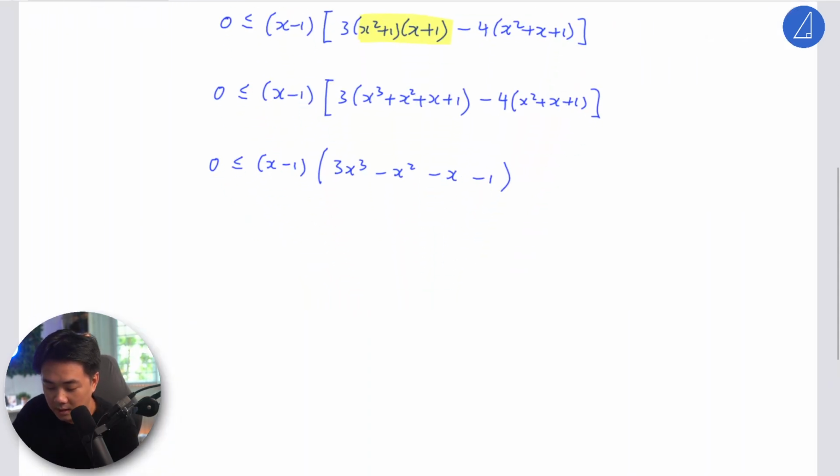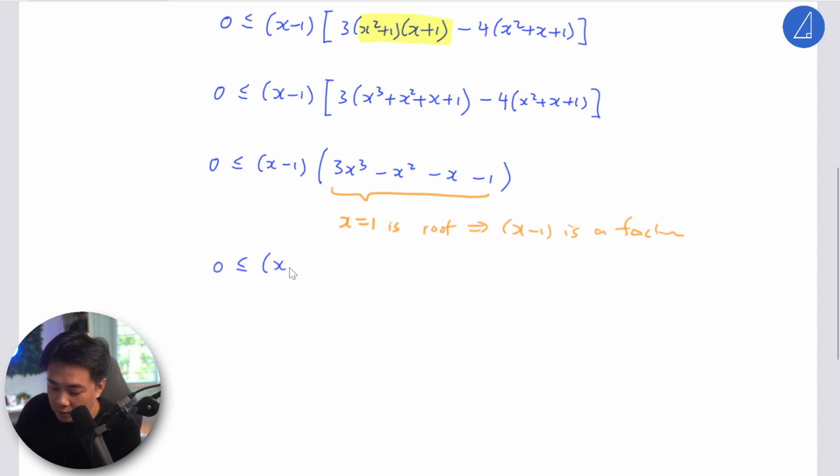So these are the expressions. You could see that x equals 1 is a root for this as well, so x minus 1 is a factor. You're just going to do a long division again. You can do long division to factorize the x minus 1 out, but I'm just going to juggle it out. So this is plus 1, then that will be 3x squared.